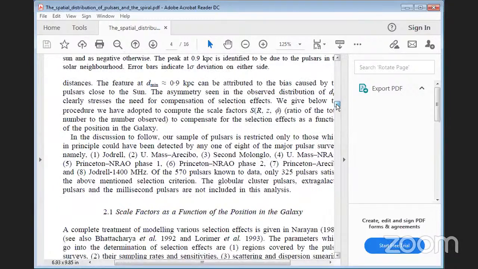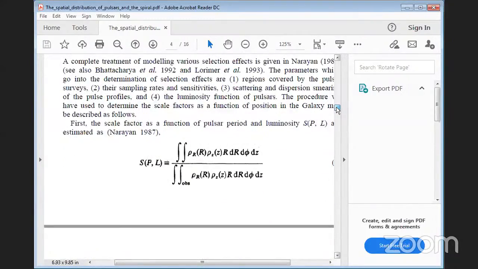So one accounts for these scale factors and so on. So essentially what one is describing here as a scale factor is the total density of pulsars times the volume, that is the total, divided by the density times the volume that was observed.